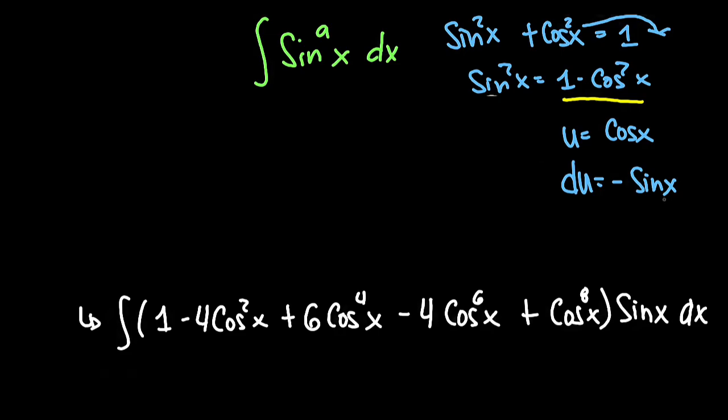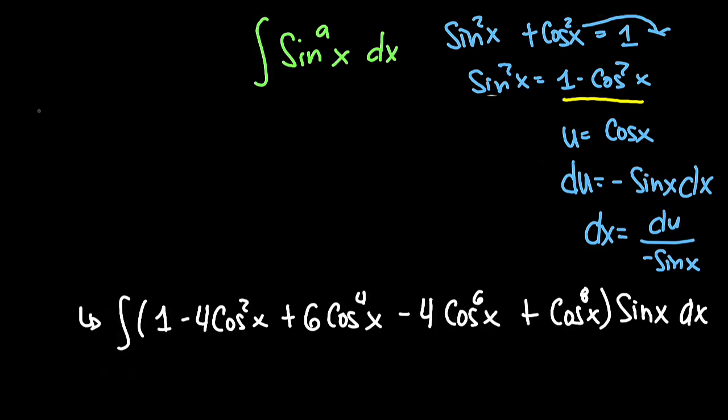And since this is with respect to x, multiply it by dx. Whenever you encounter something like sine of y or any variable, it is with respect to y, so this would be dy. But since what we have here is with respect to x, this would be dx. And since what we want here is to isolate dx, in order to substitute it, this would be dx equal to du over negative sine of x.